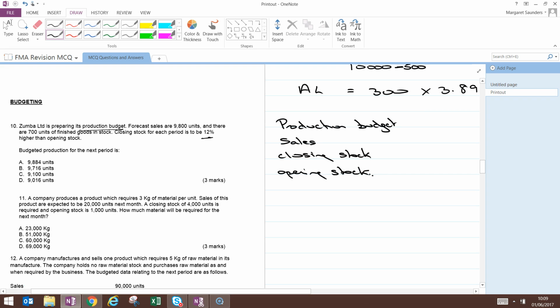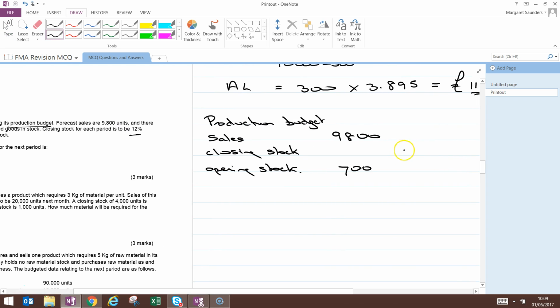So we know what we're selling, 9,800 units. There are currently 700 units in stock, so that's our opening stock. And we require closing stock to be 12% higher than our opening stock.